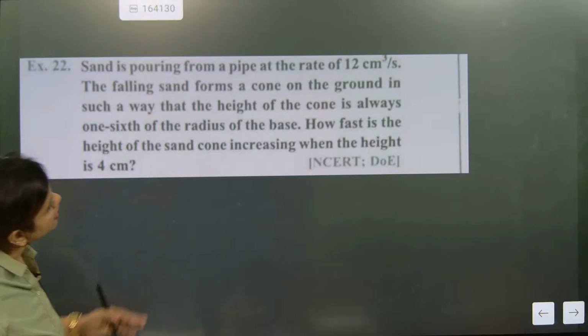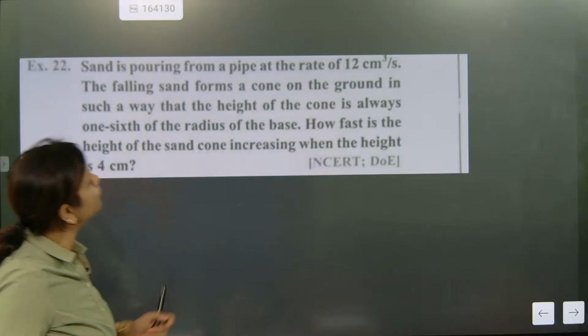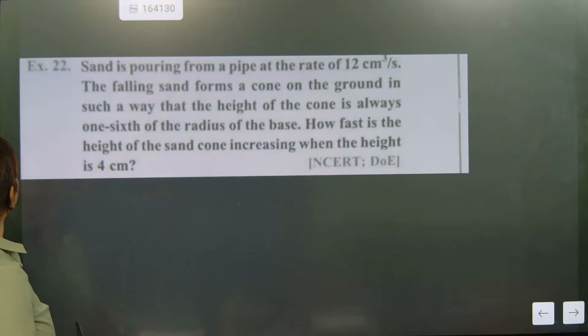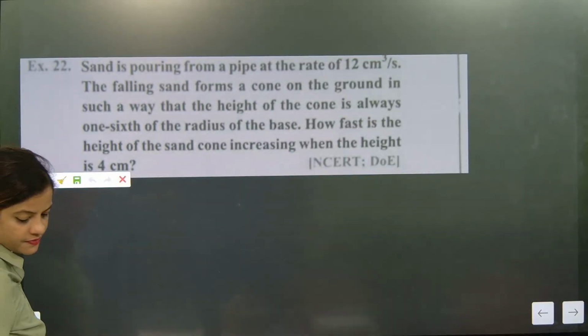Sand is pouring in a pipe at a rate of this much. So volume is exactly increasing.